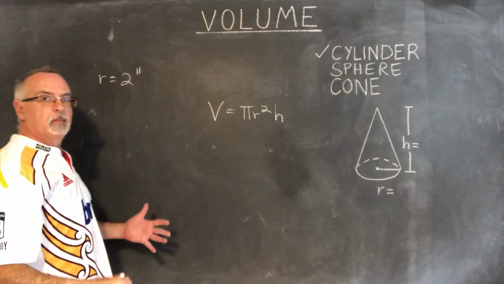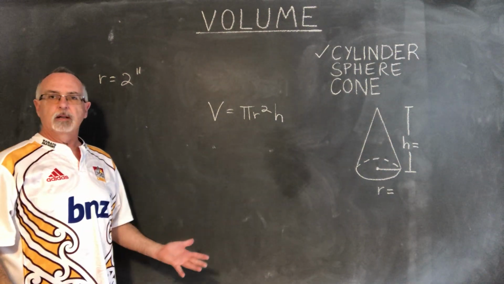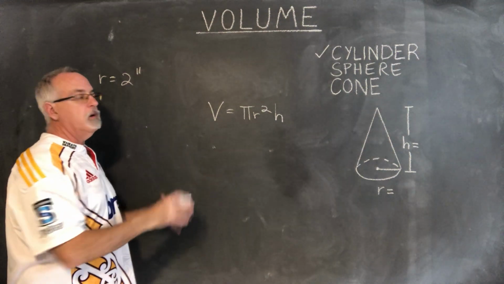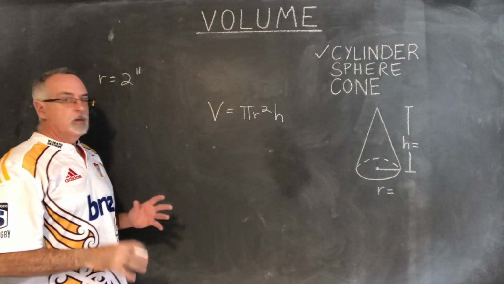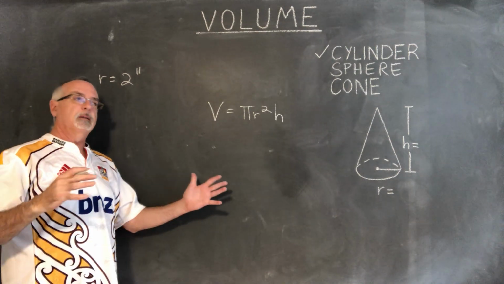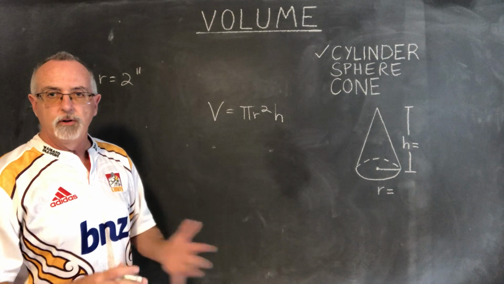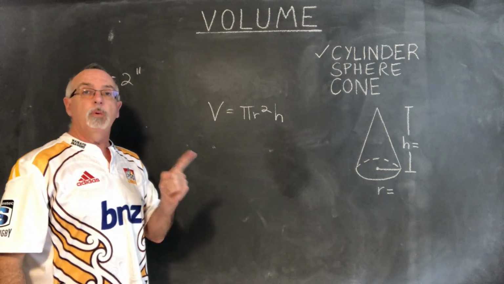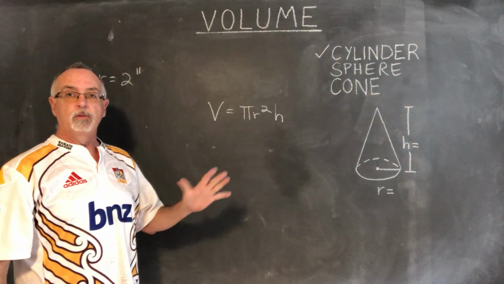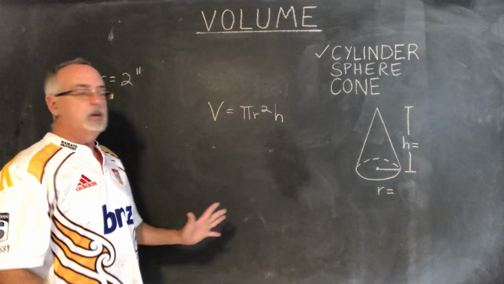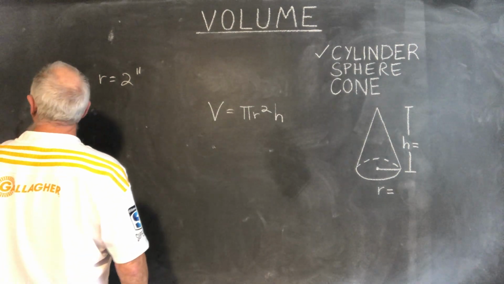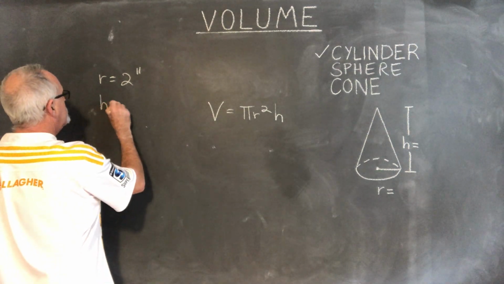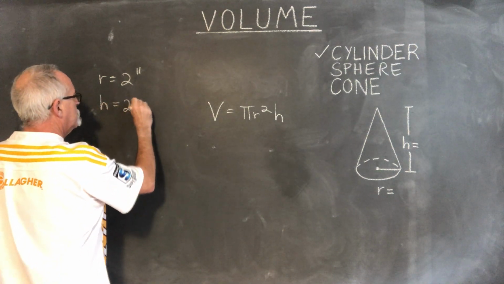And yes, I'm keeping pretty much everything with inches in this lesson in order to allow us to concentrate on the concept of volume, and not to spend too much time trying to do conversions. And of course I am, again, as usual, using 3.14 as my approximate value for pi, because that is convenient. The radius is 2 inches, and the height is 200 inches.